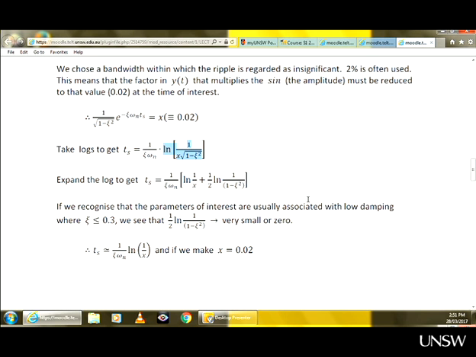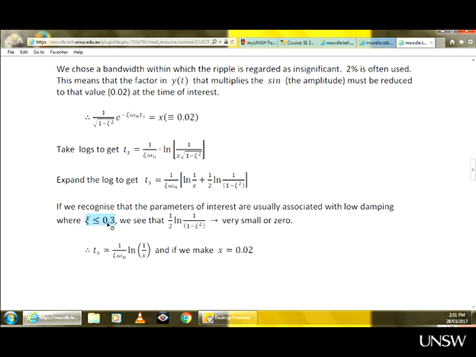Then settling time is much longer. It takes longer to settle because the damping is not good. So if Ts is of any interest, that means we don't have a good damping. So we can assume that the damping ratio is less or equal to 0.3.